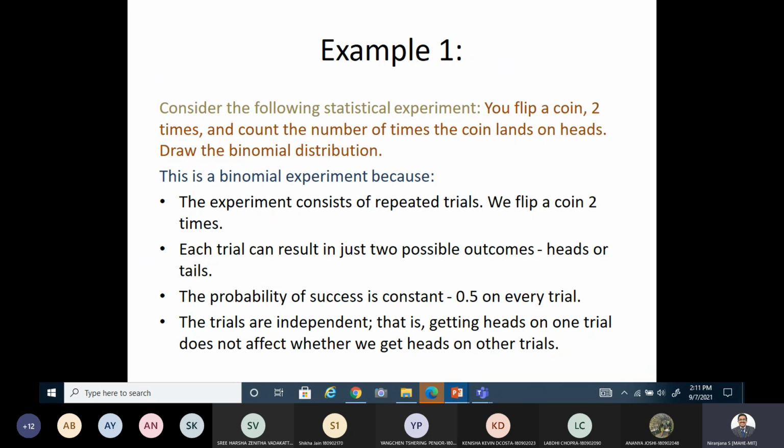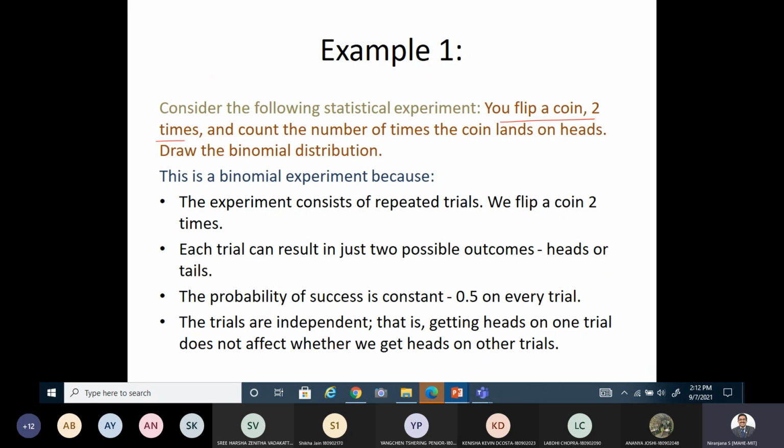Let us take an example and see how to draw this kind of plot to represent a class, a certain problem in which there are some variables. So consider a statistical experiment. We consider a simple example here: flipping a coin 2 times.